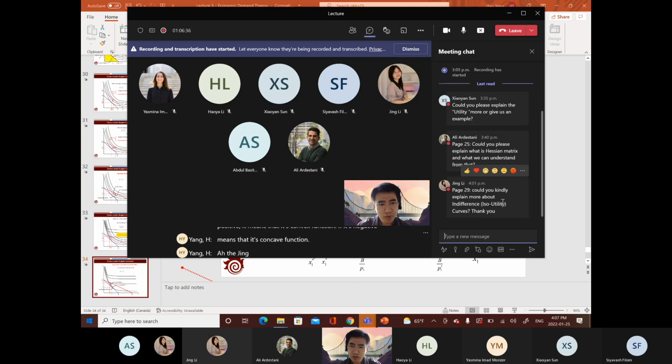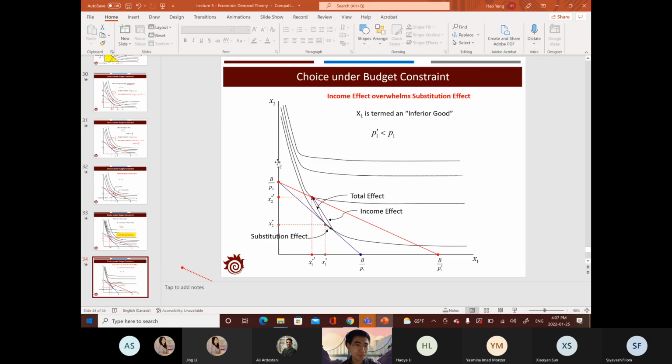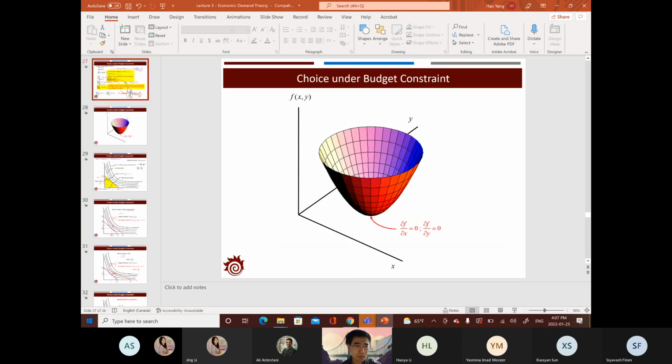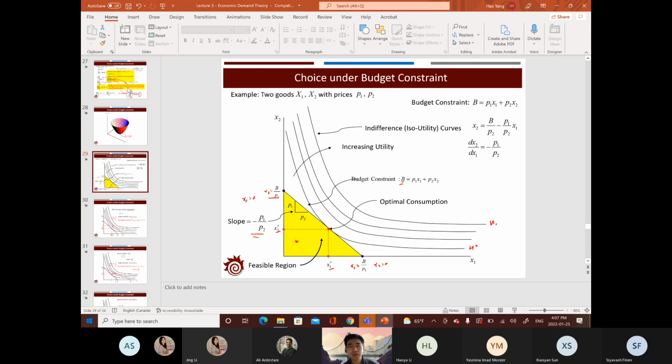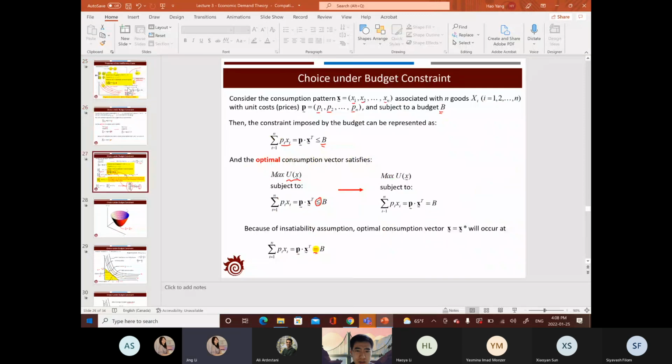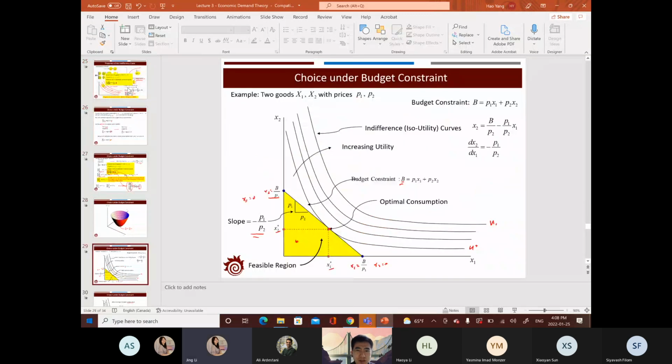Jing has a question about the iso-utility curve on page 29. Are you talking about page 29 or the definition of the iso-utility curve?